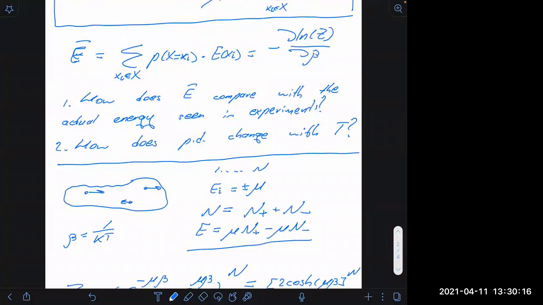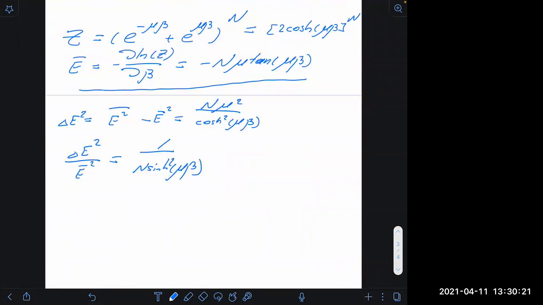So first, how does E bar compare with the actual energy seen in experiments? Again, beta is 1 over kT. For each particular energy, sinh is just some constant, but we see that as n approaches infinity, if our system is very large, it has a bunch of particles, the relative variance tends to 0.